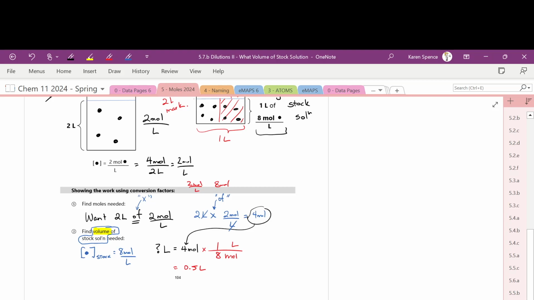If you're already ready for tomorrow's quiz, you can start on the dilution stuff.